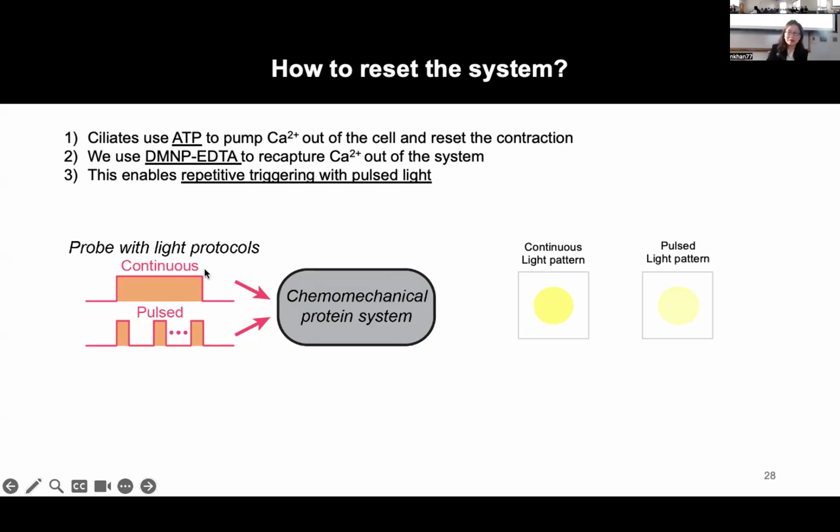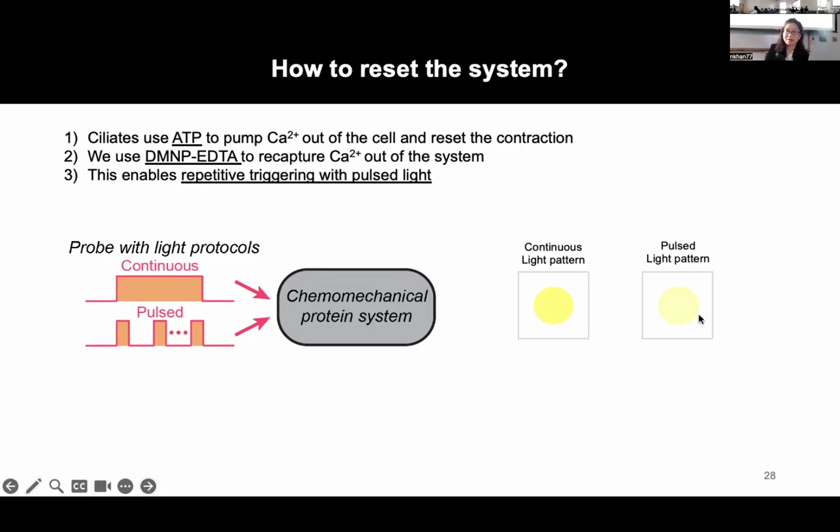In the example I showed you before, I always gave a continuous light pulse to the system. Now I'm going to show something a little fancier. I give pulse light to the system, not just a one-time actuation, asking whether we can use the system in a more efficient and better way.